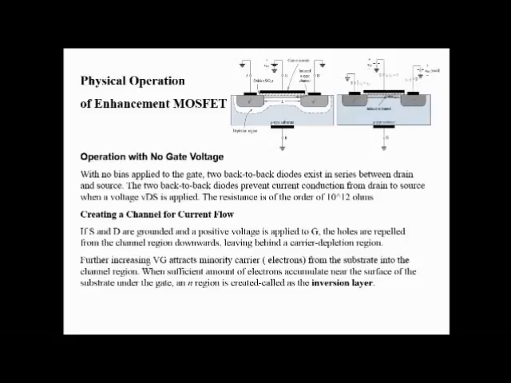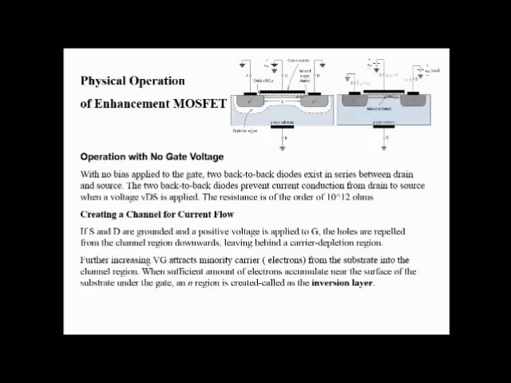Now how can you create a channel? Creating a channel for this current flow needs a positive supply to the gate terminal. If S and D are grounded and a positive voltage is applied to the gate, the holes are repelled from the channel region downwards, leaving behind a carrier depletion region.